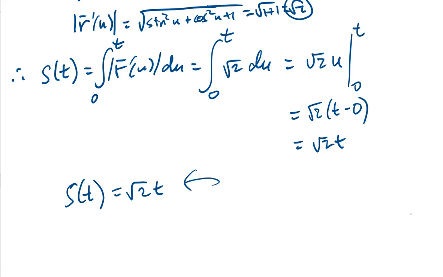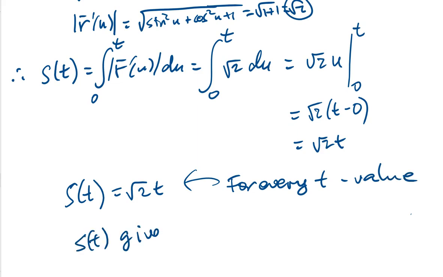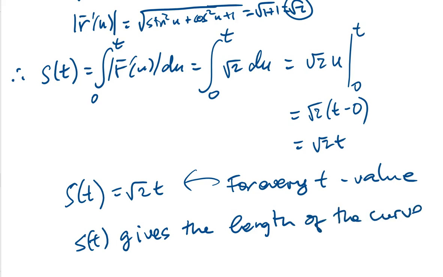For every t value, s of t gives the length of the curve up to that value, assuming you start at 0. If you start somewhere else, then it's different.